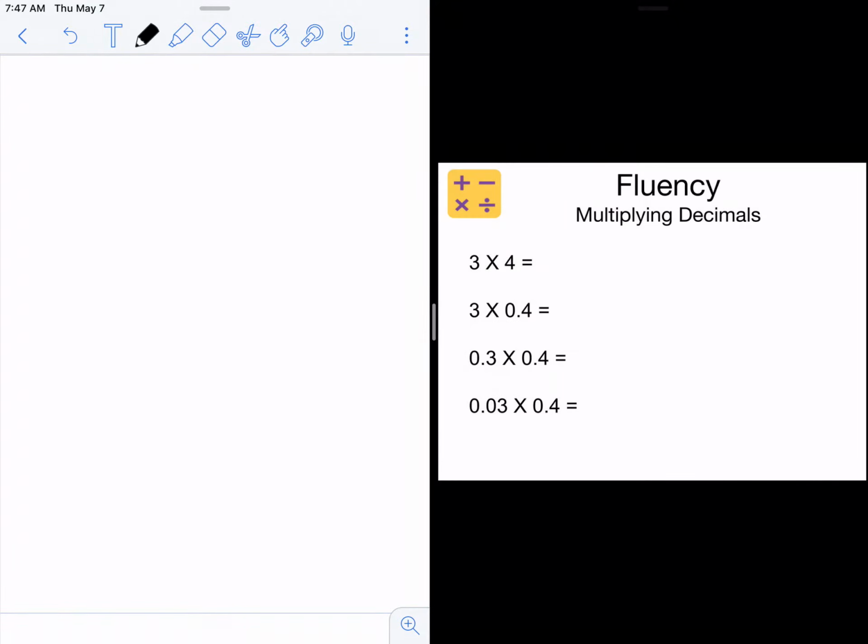Okay, more. So pause the screen, solve, and then come back and find the answers out. All right. So we have 3 times 4, which is 12. Then we have 3 times 4/10, which is 1 2/10.